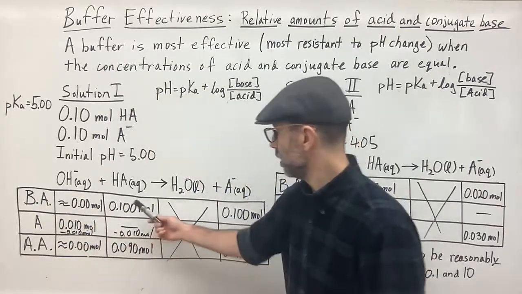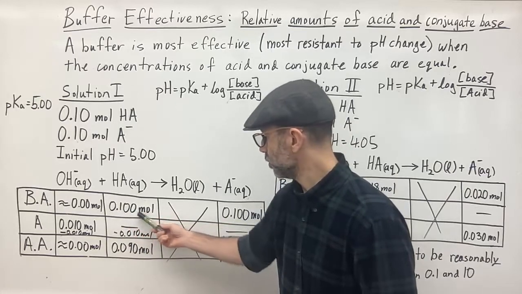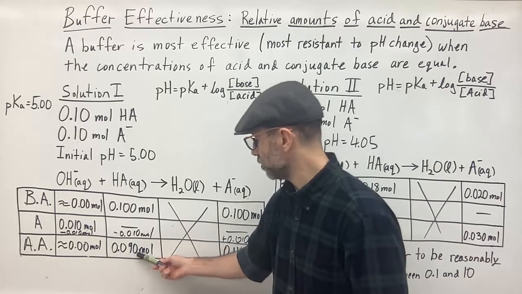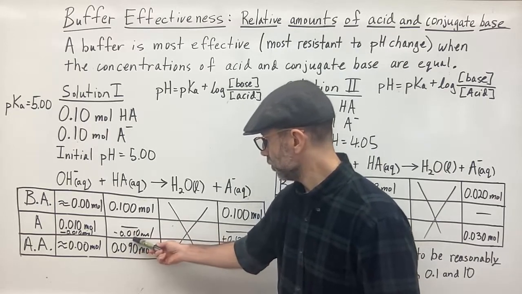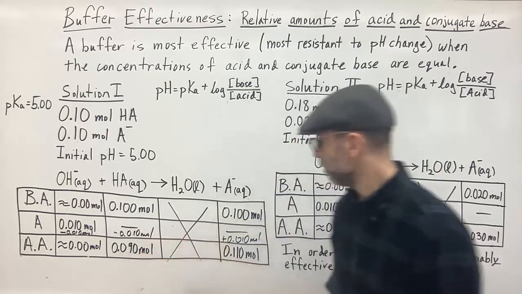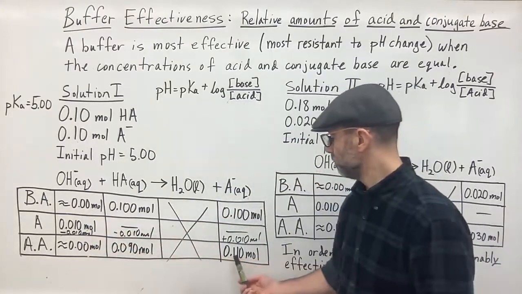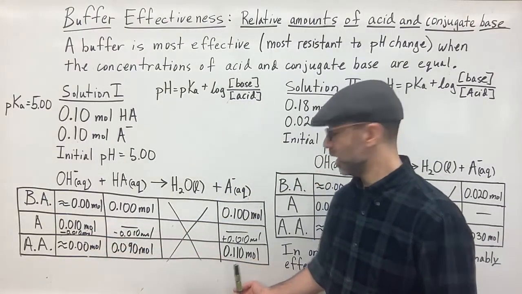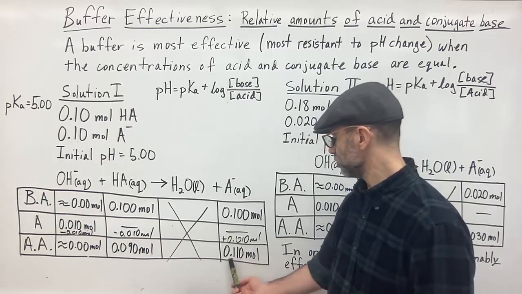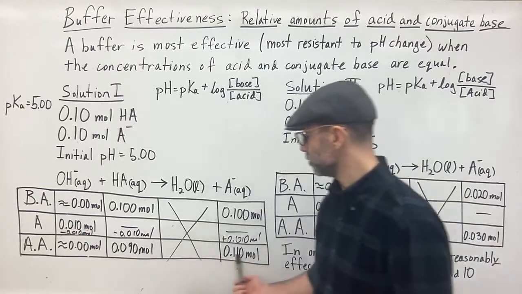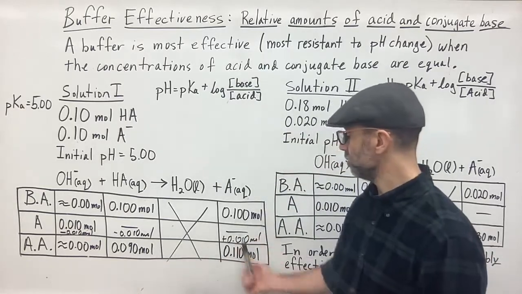So the 0.100 moles goes to 0.090 moles. We lost 0.010 moles because of the strong base that reacted. And then we add the same amount of our conjugate base, so we gain 0.01 moles here, and here are the new amounts. Notice that we're doing this in moles.